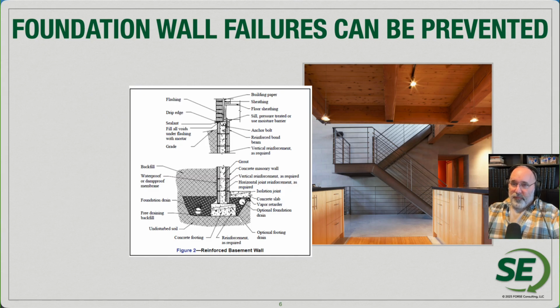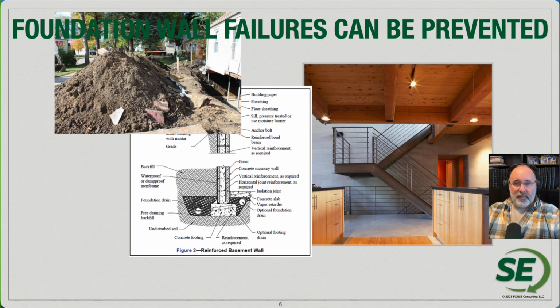Masonry foundation wall failures can be prevented. There are some really nice guides and details that we can follow to prevent some of these potential failures. I think a lot of times when I bring up masonry foundation walls, somebody's going to cite a possible failure that they've seen, and oftentimes it gets blamed on the masonry, but really there are almost always multiple other factors which cause the foundation wall to fail.